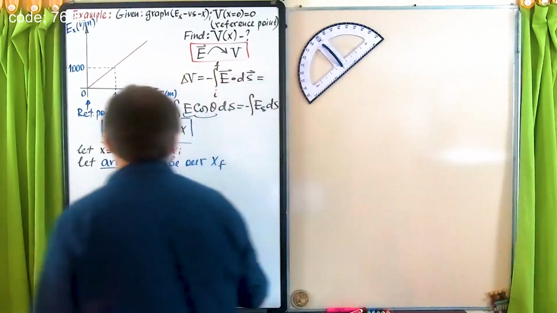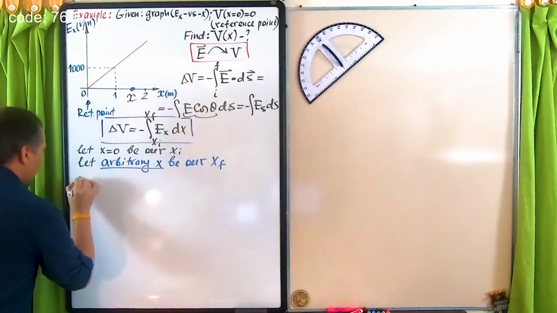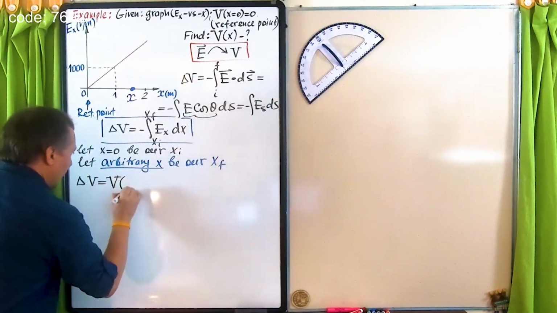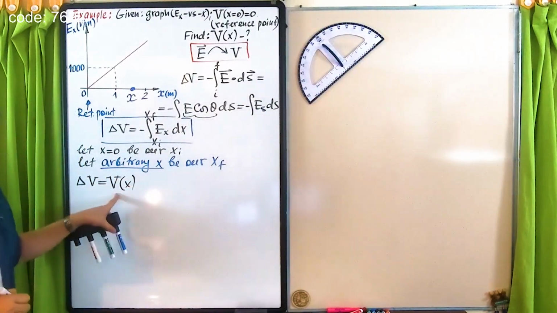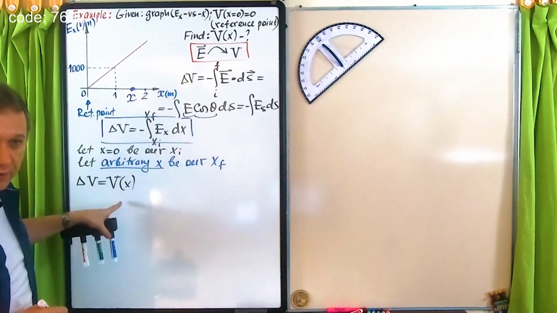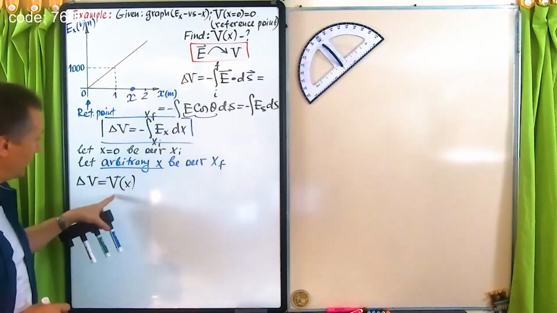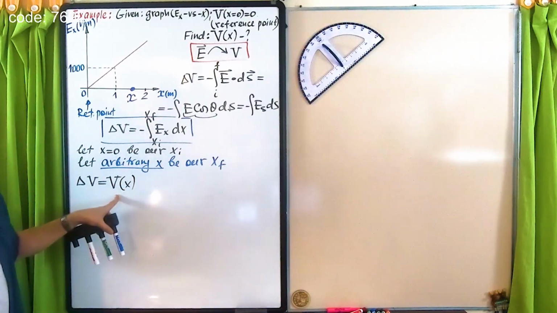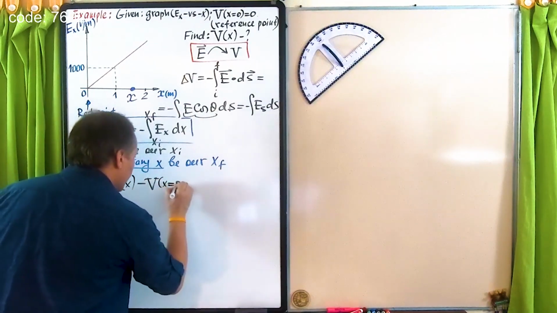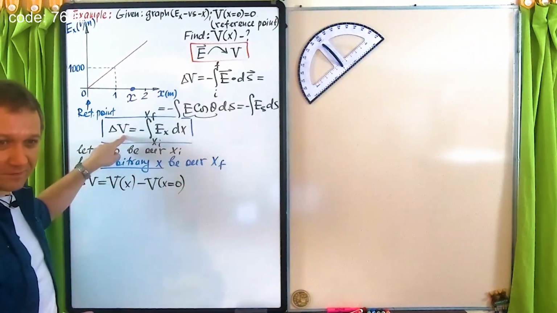Okay, so as a result, we can now rewrite our formula. Delta V is V final minus V initial. Since we pick our final point as arbitrary x, we have V at x minus V at x equals 0.